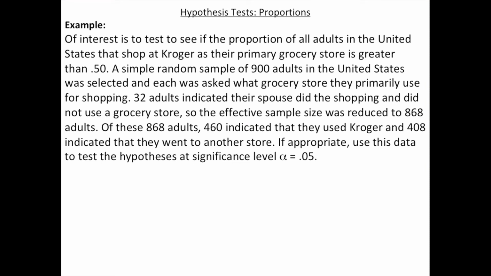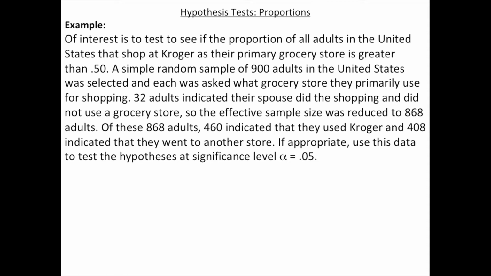Of interest is to test to see if the proportion of all adults in the United States that shop at Kroger as their primary grocery store is greater than 0.50. A simple random sample of 900 adults in the United States was selected, and each was asked what grocery store they primarily use for shopping. 32 adults indicated their spouse did the shopping and did not use a grocery store, so the effective sample size was reduced to 868 adults.